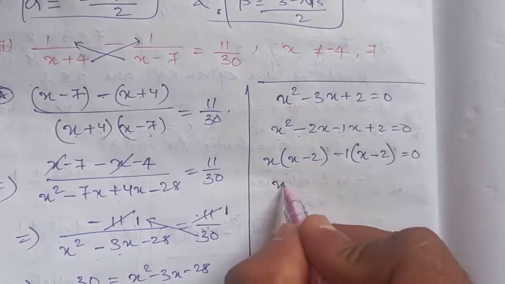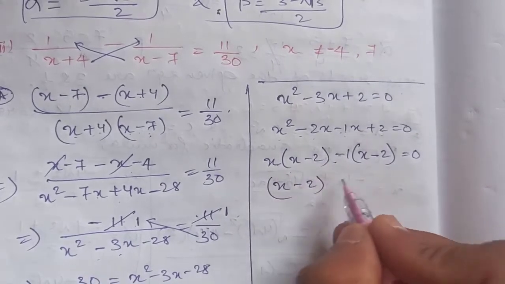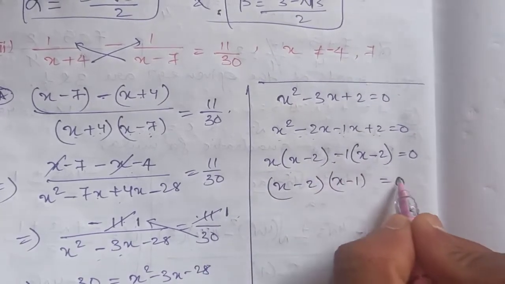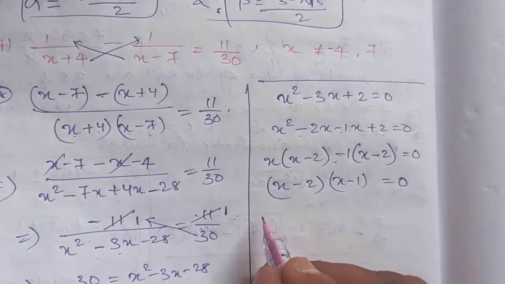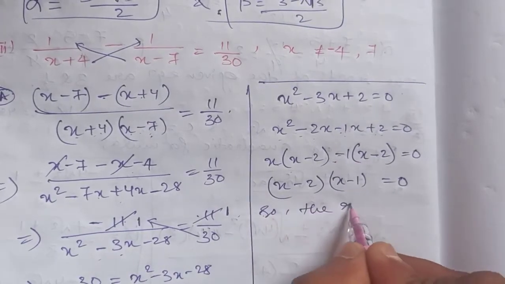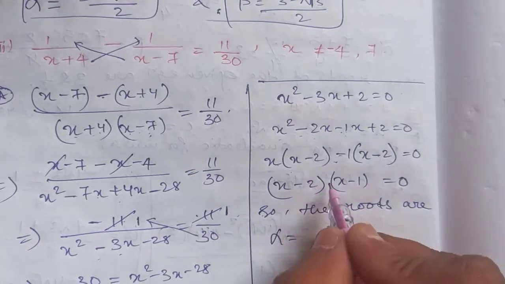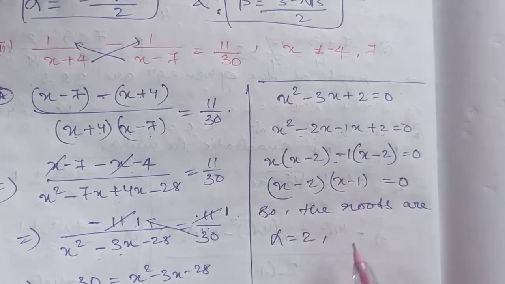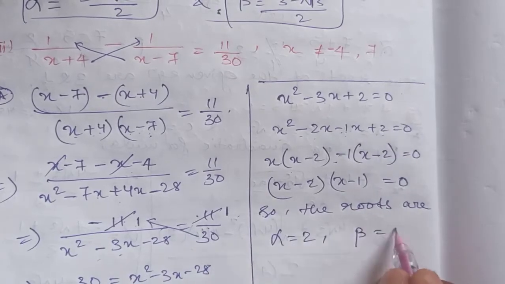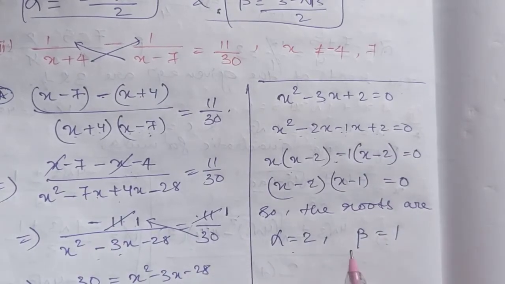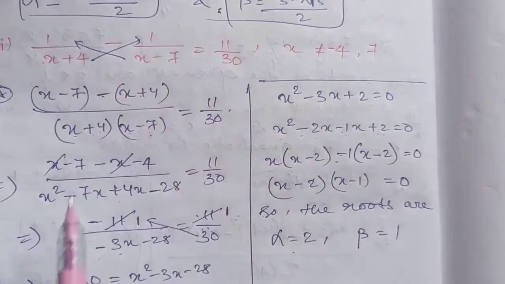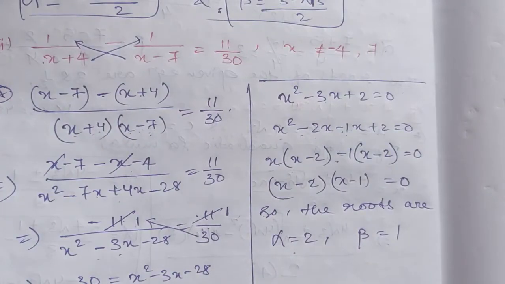So between these write x minus 1, and x minus 2 together. Okay, so the roots are alpha equals to, take 2 that side, you will get plus 2, take 1 that side, beta equals to 1. So the roots are 2 and 1 for this equation. Okay, next. Now third bit.